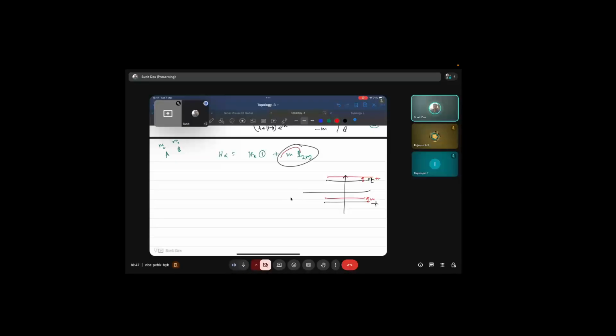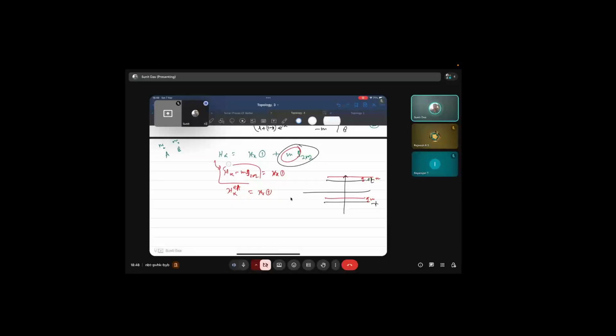This is not an interesting case, shifting all the energy levels by some constant amount, because you can effectively write this Hamiltonian as h_k of 1 minus m times the 2 by 2 unit matrix, and you can call this h_k effective, and everything follows. So there is nothing interesting about that.